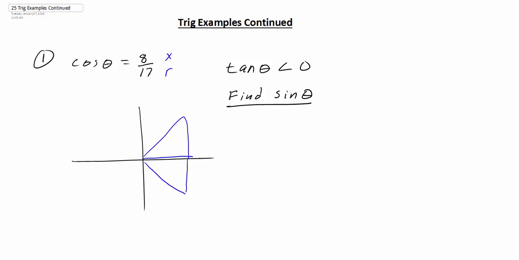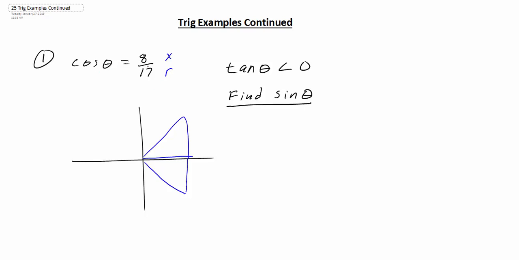And we notice 17 is positive. Well, the radius, or this r value, if you think of the circle, that's the radius or the hypotenuse. Keep in mind this r value here is always going to be a positive value. The only value that can be negative would be the x or your y value because x is going left to right, y is going up and down, but the r value is always going to be positive.